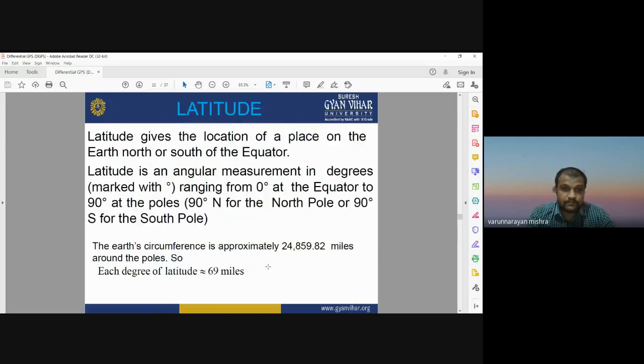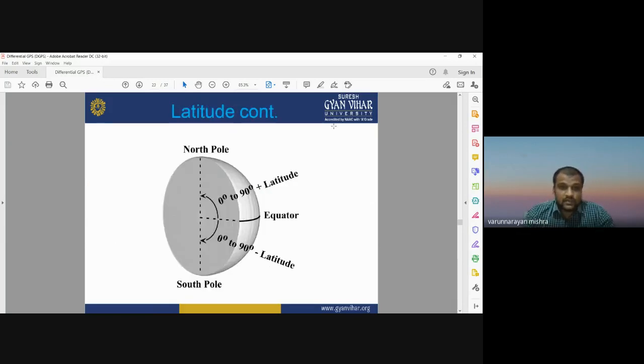Okay, latitude gives us the location of a place north or south of the equator. Latitude is an angular measurement in degrees. You can have the latitude information in terms of degrees. It is ranging from 0 to 90 degrees at the poles. Okay, and when we are going to the north pole or south pole, like in this way, if you are going to calculate the latitude it will be in this way.